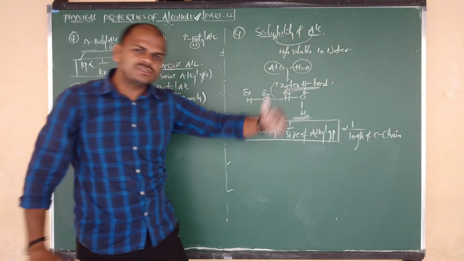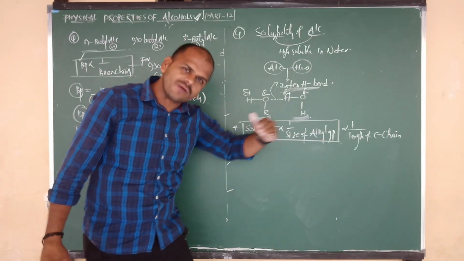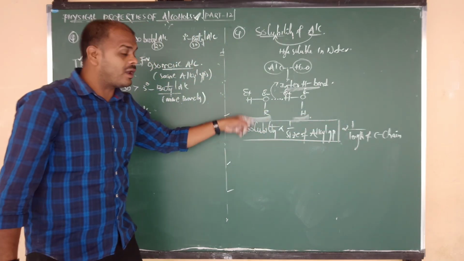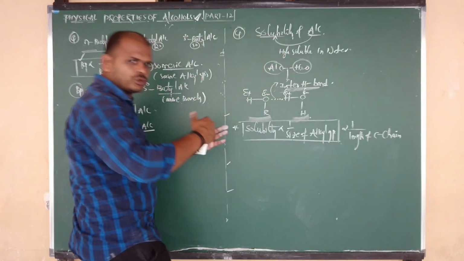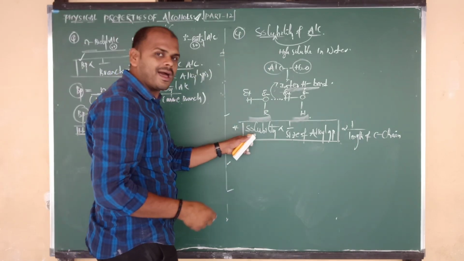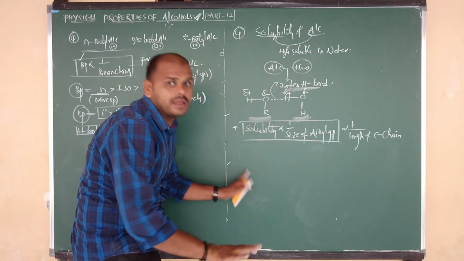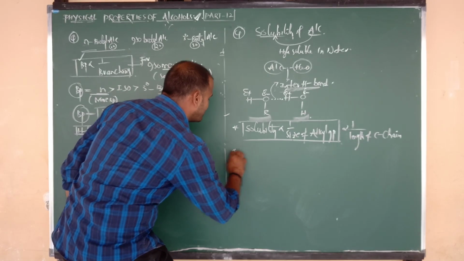As the length of the carbon chain increases and the size of the alkyl group increases, solubility decreases. If the size of the alkyl group and length increase, automatically the solubility of that alcohol will decrease.